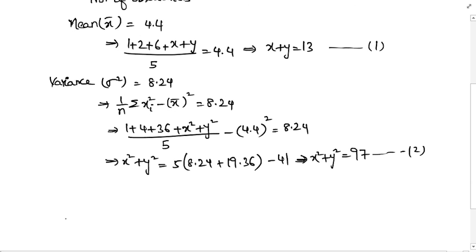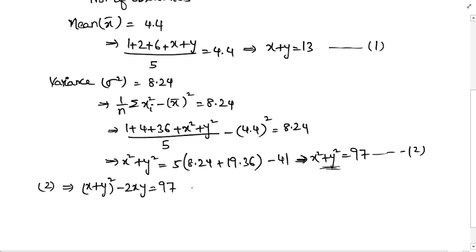Now from 2, we can write x square plus y square as x plus y whole square minus 2xy, right? So this one I'm writing as x plus y whole square minus 2xy, that is equal to 97.